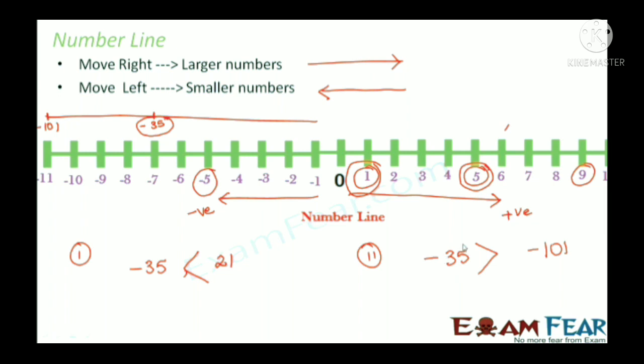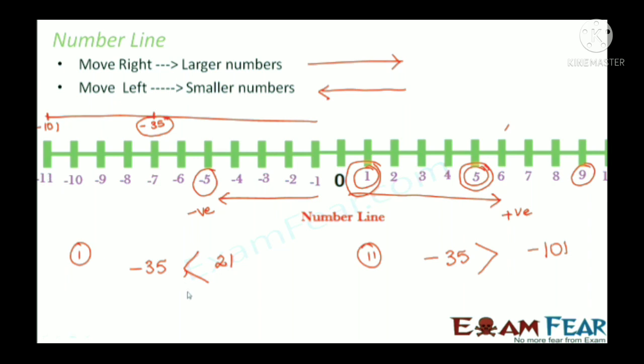One number is 35, the other number is 101. Which is smaller? 35. Therefore, minus 35 would be bigger, because on the number line, the smaller value numbers are located on the right hand side of the bigger value numbers. That is, minus 101 will be located towards the left of minus 35.